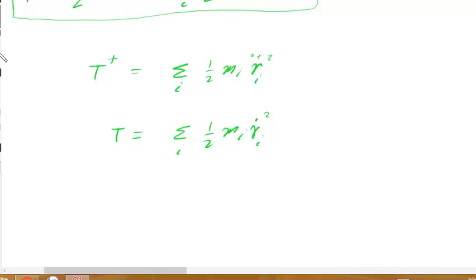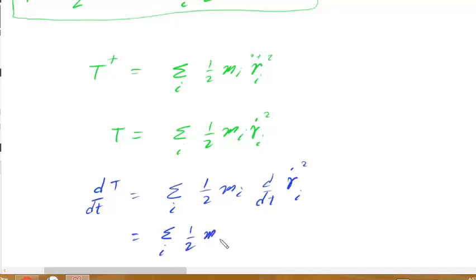Now we take the derivative, d by dt, of the summation of one half m_i r dot i squared. The 2 comes down and one is subtracted from the power, giving the summation of one half m_i times 2 r dot i times the derivative of r dot i, which is r double dot i.